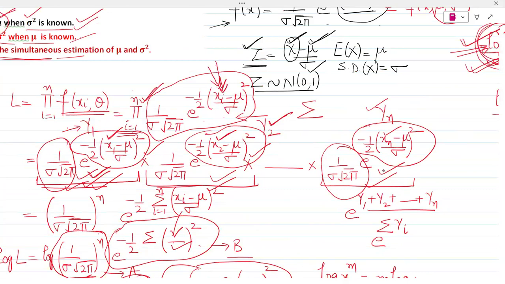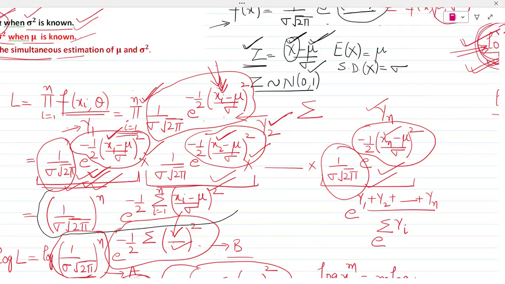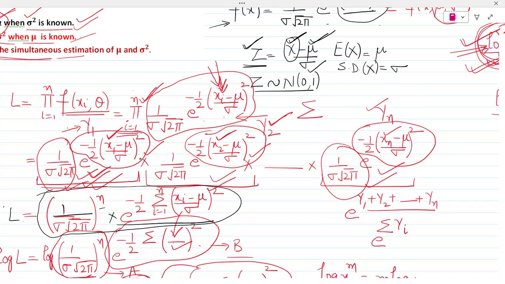You can see here it is L, that is 1 by sigma root 2 pi whole raised to power n, and e raised to power minus half, and here it is a product, obviously e raised to power minus half, all that.